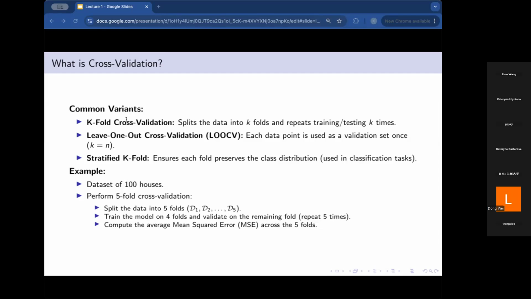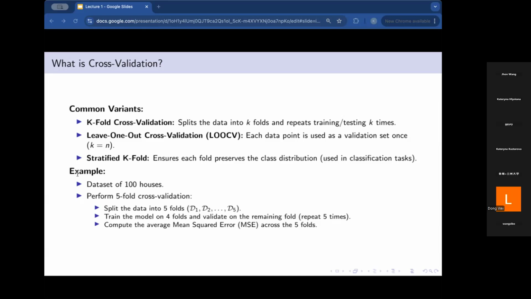The second one, leave-one-out cross-validation. Here, each data point is used as a validation set exactly once, while the remaining points are used for training. This is essentially a special case where k equals the total number of data points in the dataset.